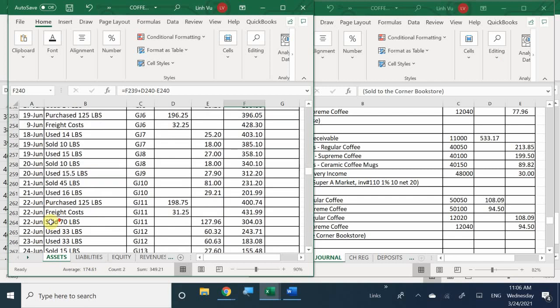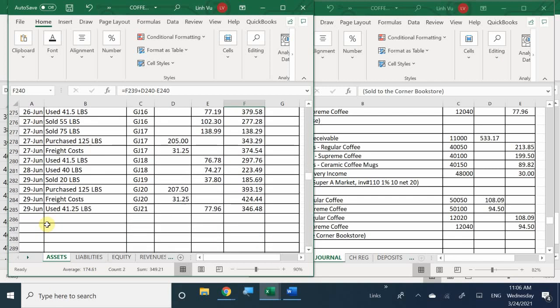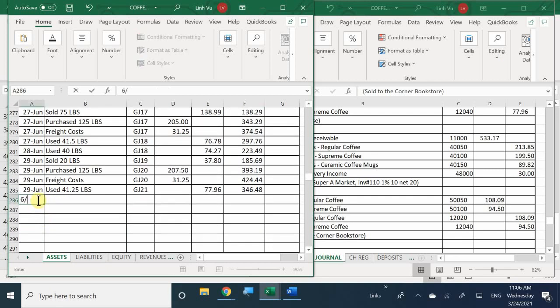All right, last but not least, let's update our Supreme coffee. Okay, so we sold 50 pounds. LBS, General Journal 21, and we sold it for a total of $94.50.